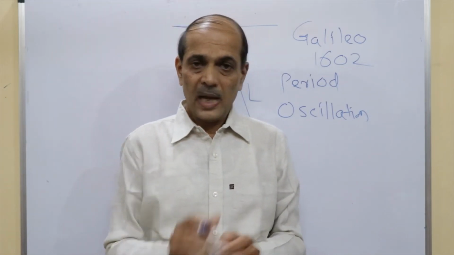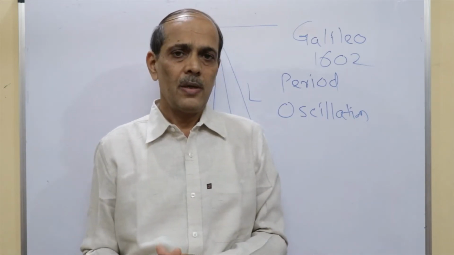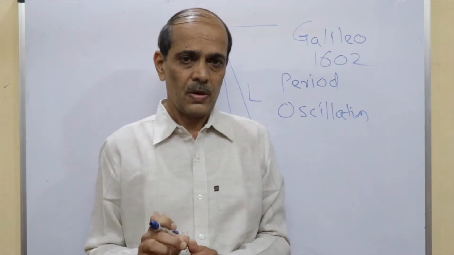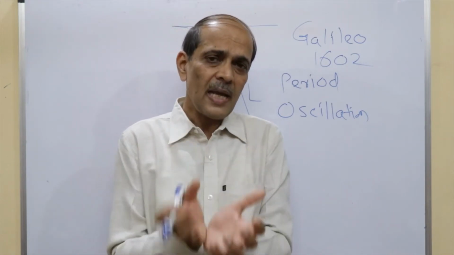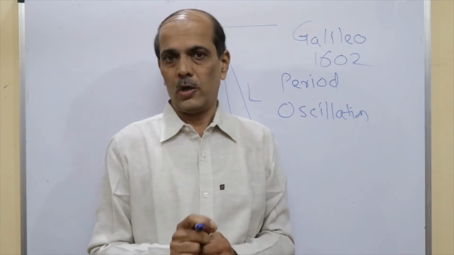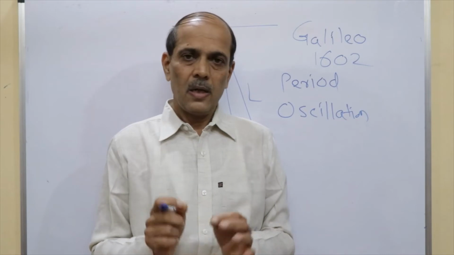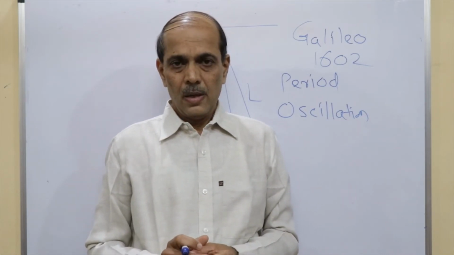That was taken forward by a great scientist of the same century, Huygens. He established a lot of science around this pendulum, designed the first pendulum clock, and wrote a complete book about the science of the pendulum.